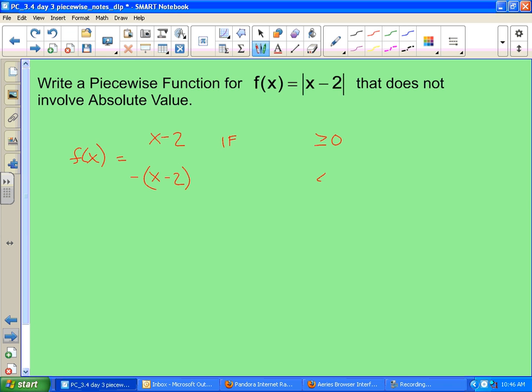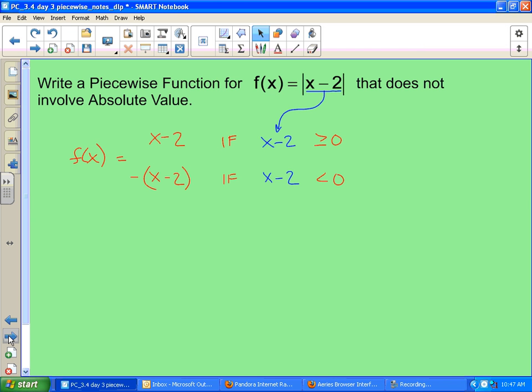For the one that's negative, we're going to be less than 0. And then again, whatever is underneath goes right here.